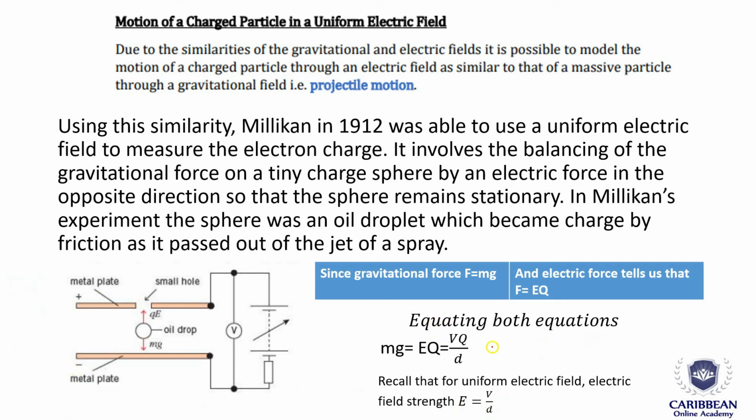I rubbed it off a while ago, my bad. So we have mg is equal to E times Q. And now, if we know that E is equal to V divided by D, we can make a substitution here for E.